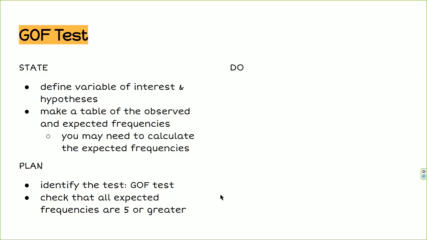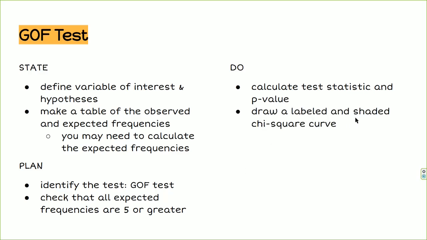Next comes the math. For the do stage, same as all of our other hypothesis tests. Find the test statistic, find the p-value, draw the curve. So we're going to calculate our test statistic and p-value using our calculator. We're going to draw a labeled and shaded chi-squared curve.